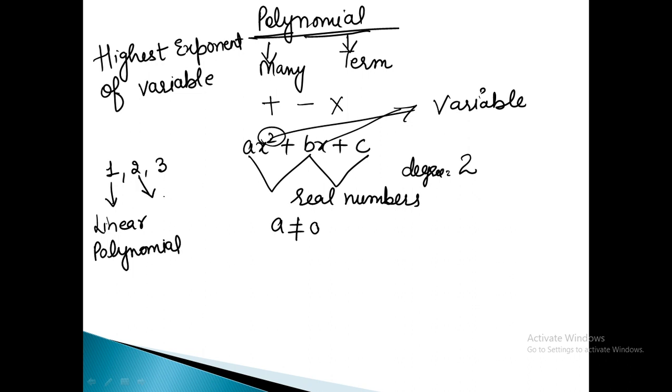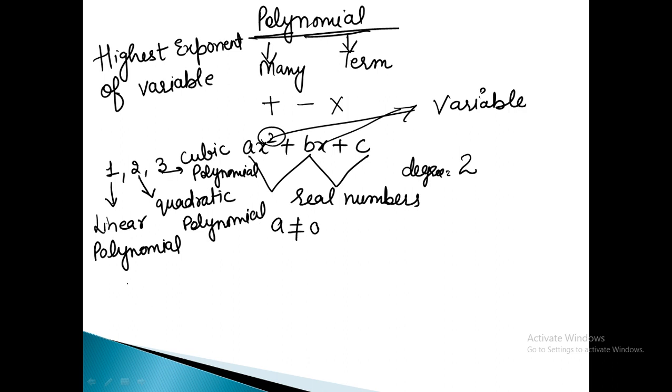If the degree is 2, that is known as a quadratic polynomial. If the degree is 3, that is known as a cubic polynomial.